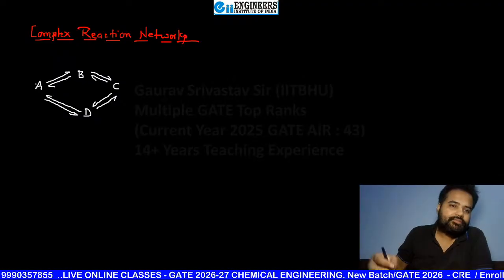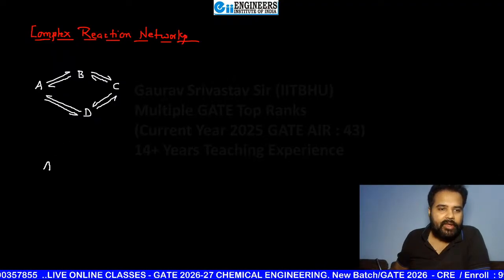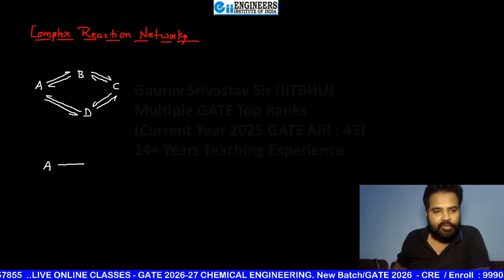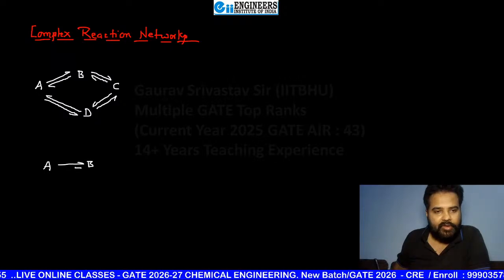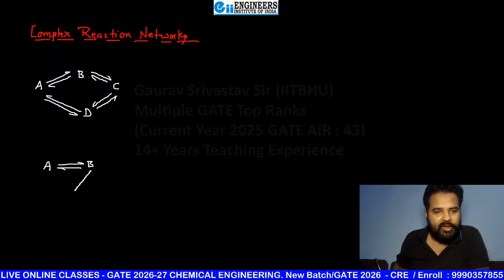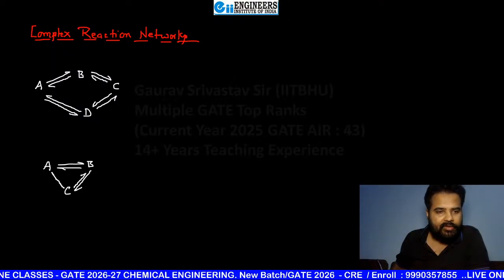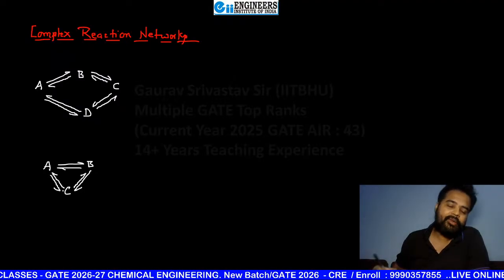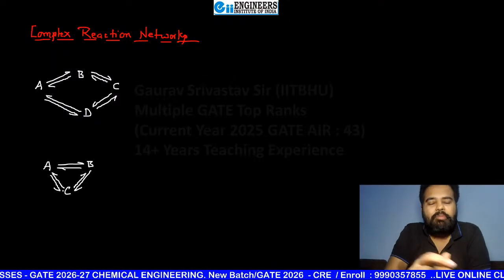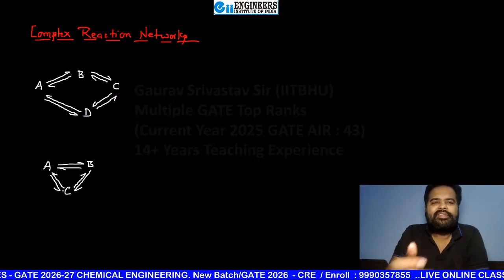Okay, or you can write like A is forming B, is forming A, is forming here C, and again this C can form this A. That is a complete cycle.